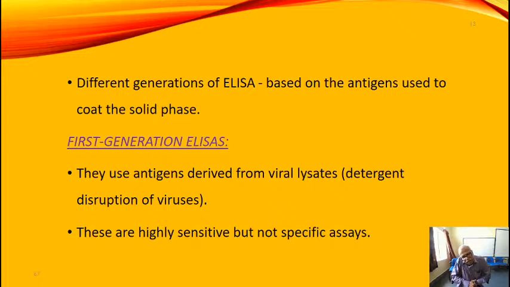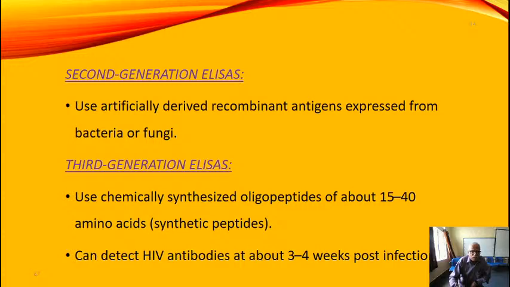These viral particles, after breaking down with the detergent, are actually utilized for doing the test. That's called first generation ELISA. It is associated with a lot of false negative or false positive reactions. So now nobody does that. It's a very insensitive test and less specific.